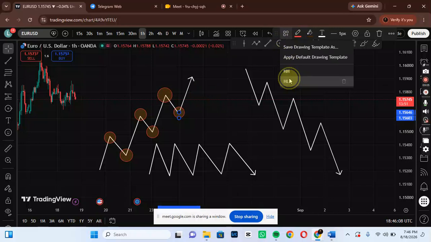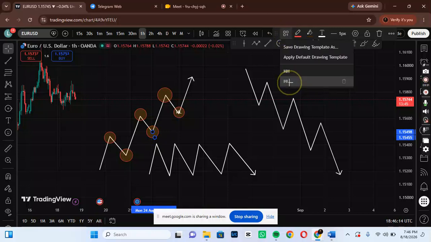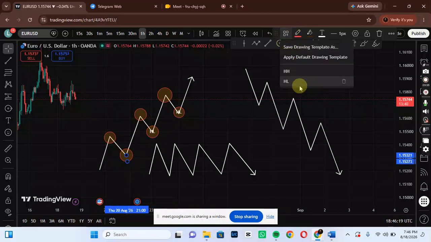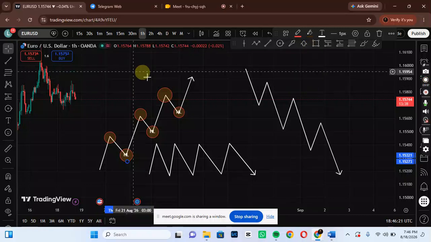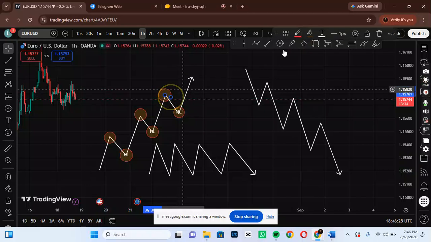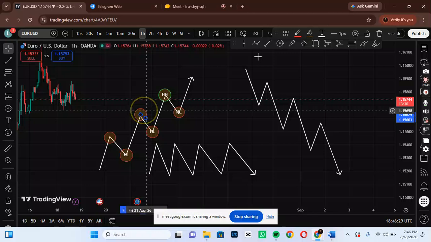So we have the abbreviation HL, which is the higher low. In trading, you have to deal with a lot of abbreviations because you cannot be writing all those things out when you're detailing your charts. So this is the HH, which is the higher high.